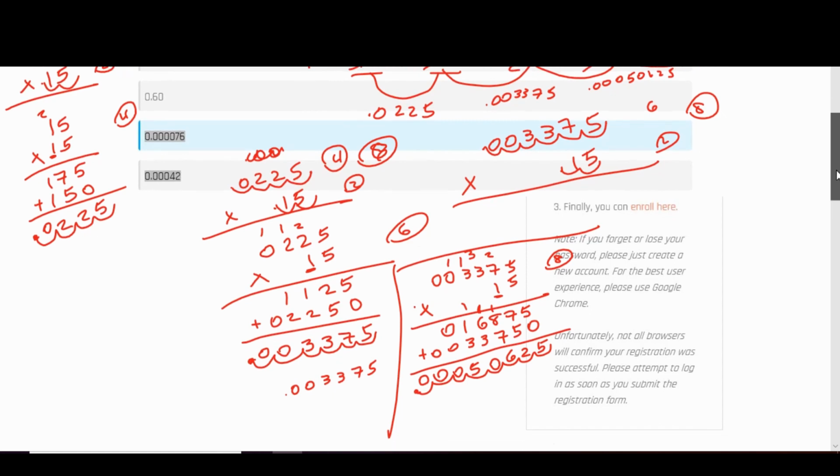And let's go ahead and do that. Again, this is going to be 0.00050625 times 0.15. Shift our decimals accordingly. 1, 2, 3, 4, 5, 6, 7, 8. 1, 2.